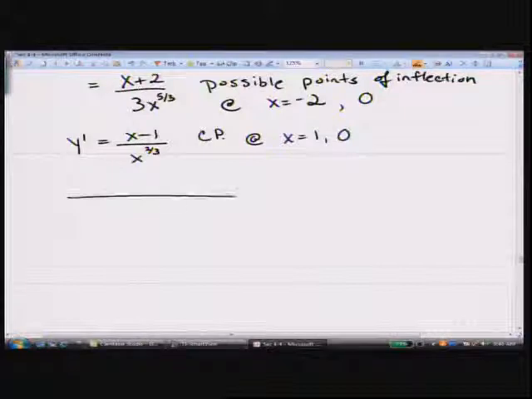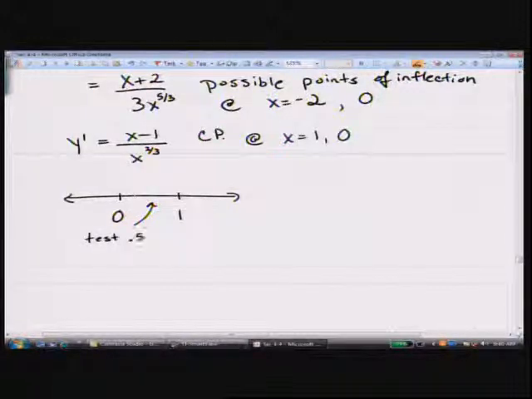Okay. So let's do some investigations. Let's look at the first derivative at its critical points at 0 and 1. We know that this is either a vertical tangent or a cusp. We know that 1 is a max or a min. If we pick a number between 0 and 1, will we get a positive or a negative in our first derivative? Yeah, you could test 0.5, right? And so y prime at 0.5 is going to be, do y'all see how it'll be less than 0?